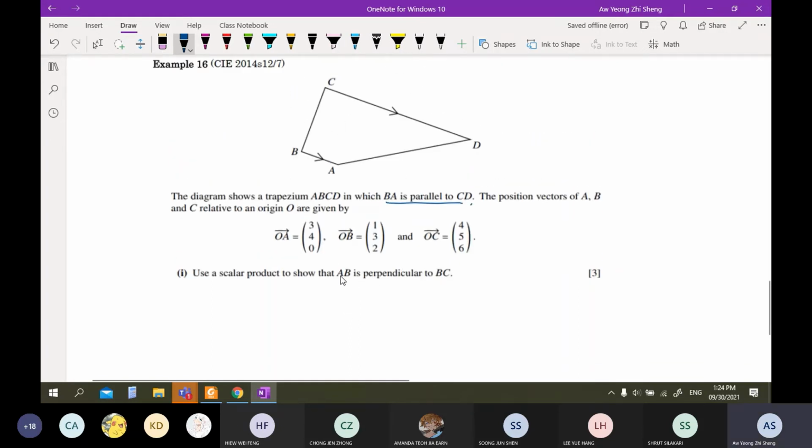Okay, so you will need two vectors. Since they want to show that AB is perpendicular to BC, then naturally people would use vectors AB and BC. So let's find expressions for AB and BC. It's the usual O to end point minus O to starting point.